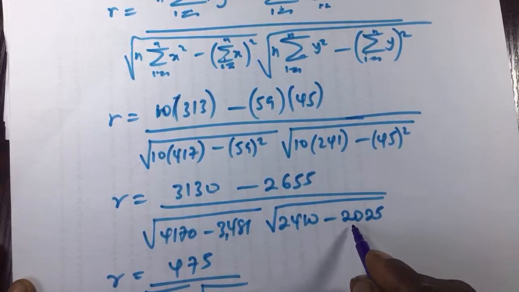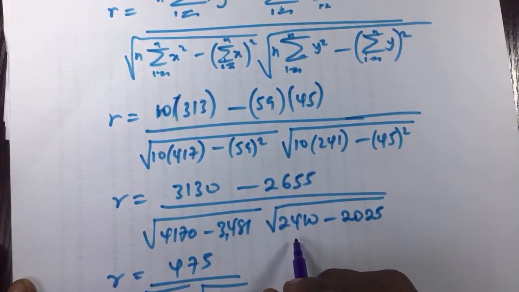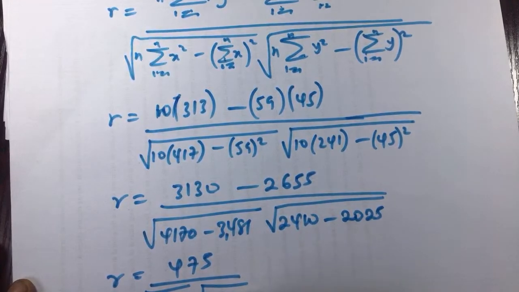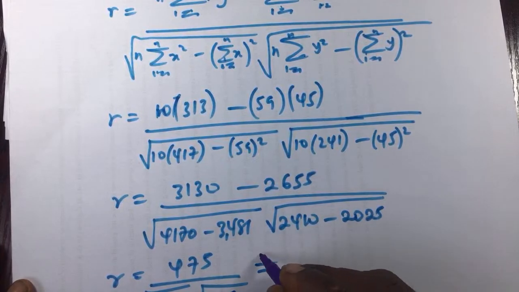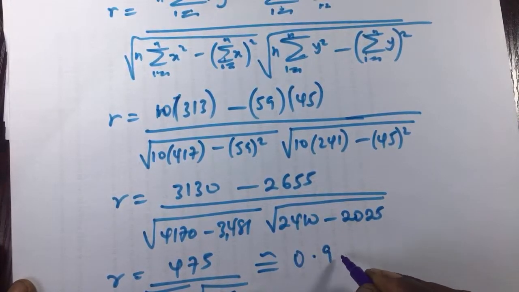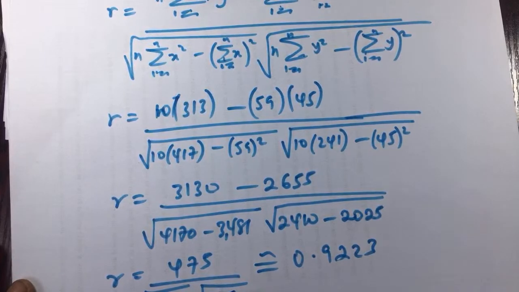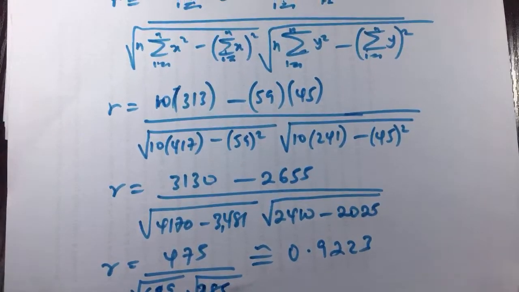When you subtract 2,025 from 2,410, you are going to have 385. Okay? So, if you simplify and divide, your result will be approximately 0.9223. Okay? So, this is the result you are going to get as your correlation coefficient.